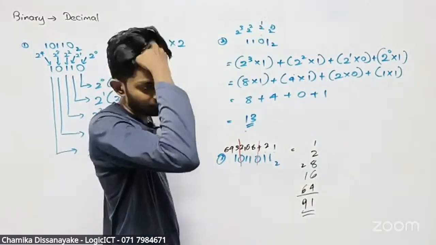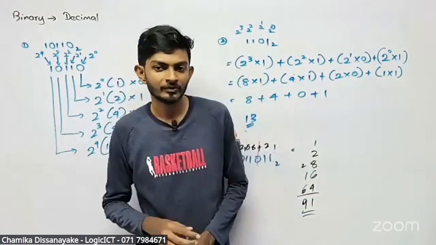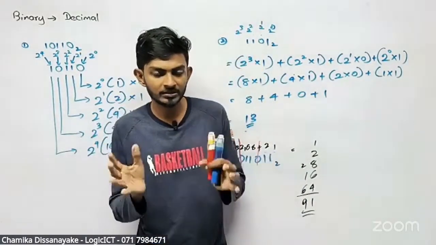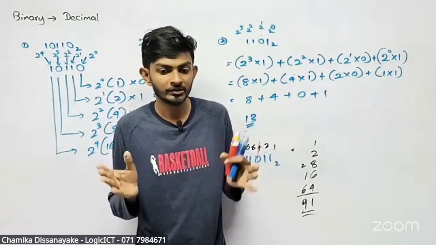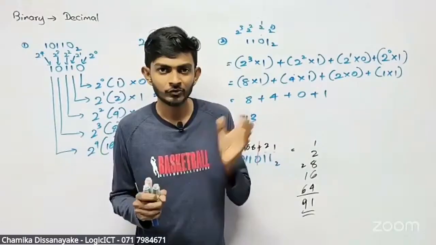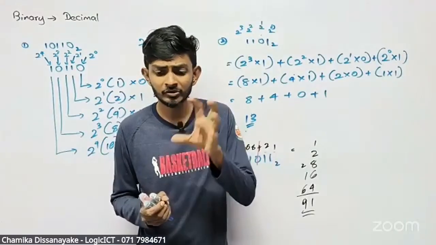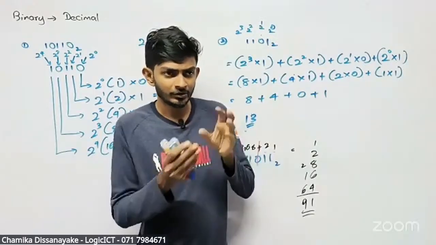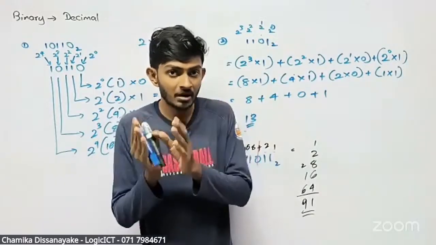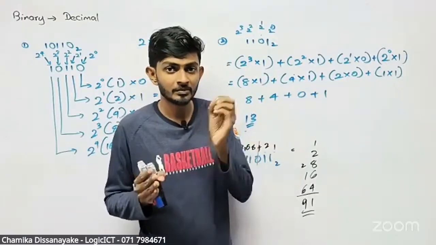Because when we write the answers on the MCQ paper, they are not going to look at the calculations. They are only going to look at the answers for the MCQ questions. But when we are writing answers for the second paper, they are going to allocate marks for the calculations and also the answers. Remember that carefully.